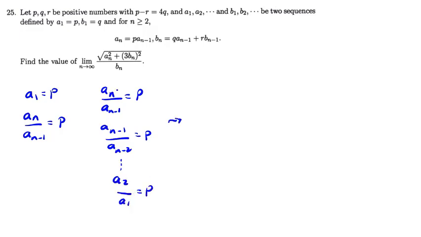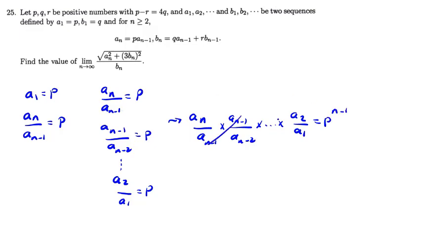So we can conclude, if we multiply all of them, an over an minus 1 times an minus 1 over an minus 2 times down to a2 over a1 is p to the power of n minus 1. You can cancel all these things, so an equals a1 times p to the power of n minus 1. a1 is p, so an is p to the power of n.